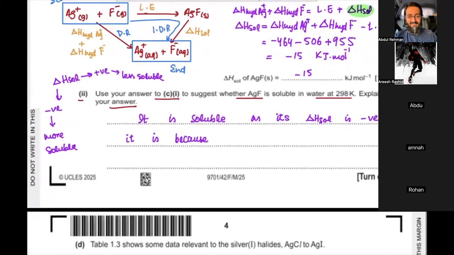Yes, very good, Faizan. It is because the enthalpy change of hydration is more exothermic or more negative than the lattice energy. That is the reason.